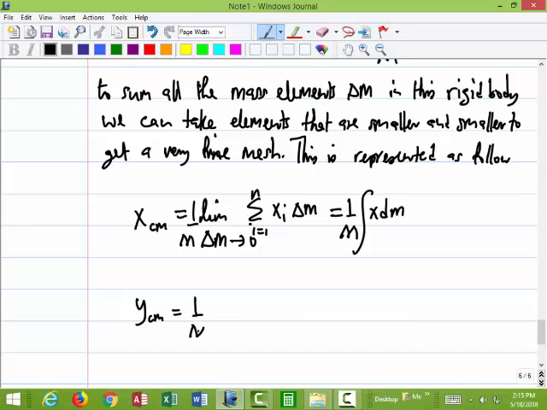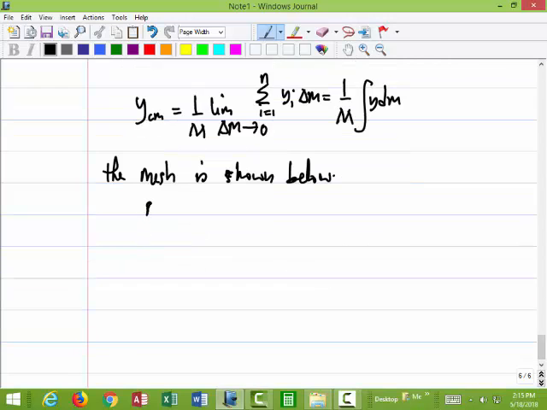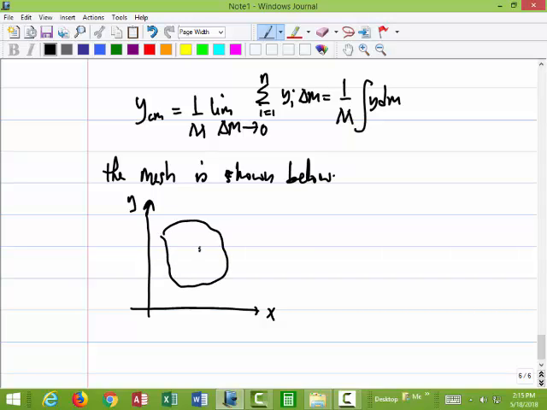This is the same as writing it this way. We take the delta m to be as small as possible, meaning that we are making the mesh very fine, and the mesh that I'm referring to is shown below. So if I draw this again, this is x, that's y, and we have some arbitrary shaped mass. If I take an element here, delta m, this element is at x_i, y_i.